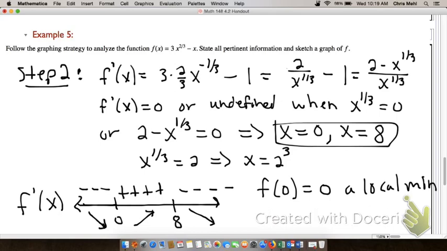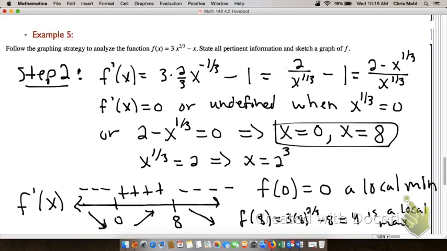So actually, f of 8, which is 3 times 8 to the 2/3 minus 8. This equals, well, 8 to the 2/3, you can cube root 8 first to get 2. 2 squared is 4, times 3 is 12, and 12 minus 8 is 4. This is a local max, because at 8 the derivative changes from positive to negative.